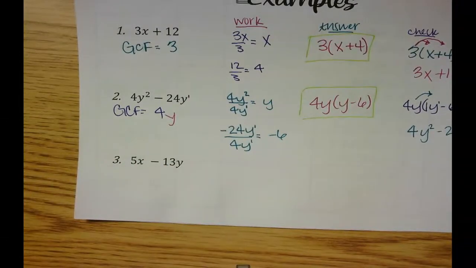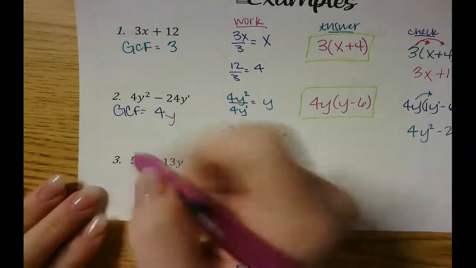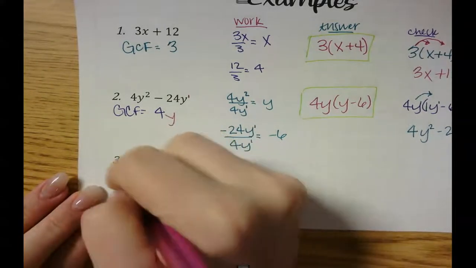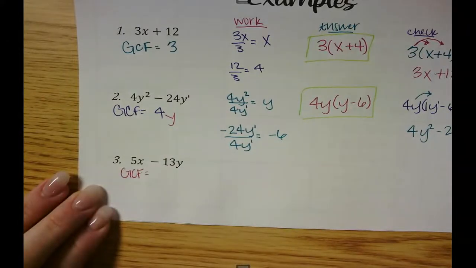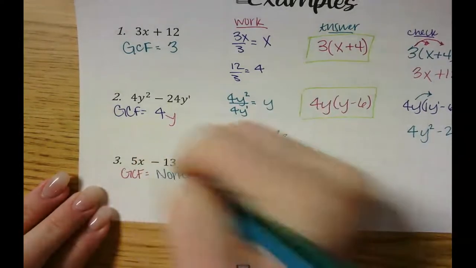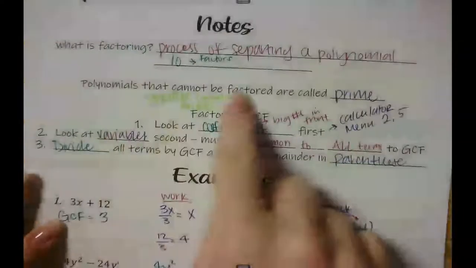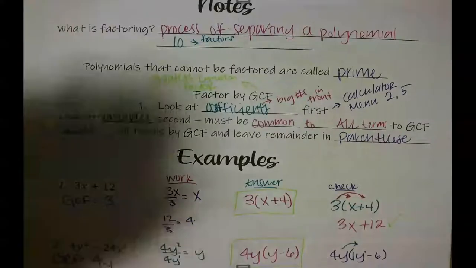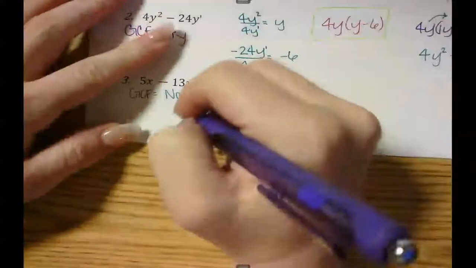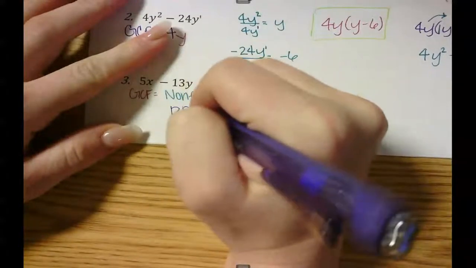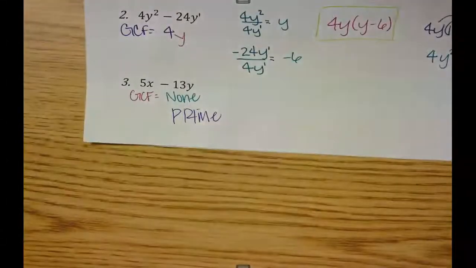Those are two separate variables, so our greatest common factor, we have none. None, which means that this cannot be factored. So this is our example of a prime polynomial.